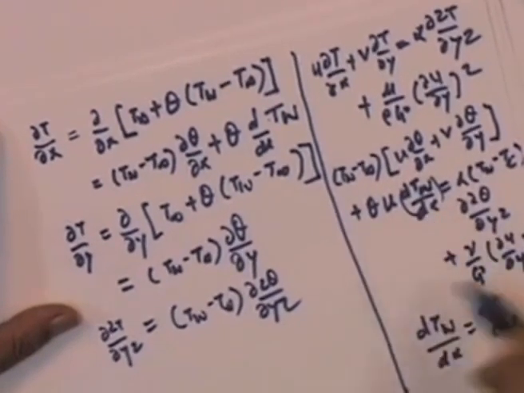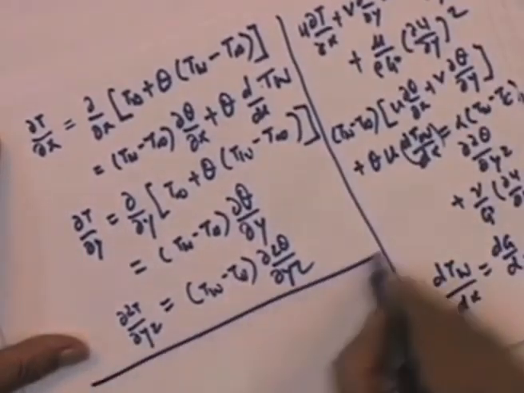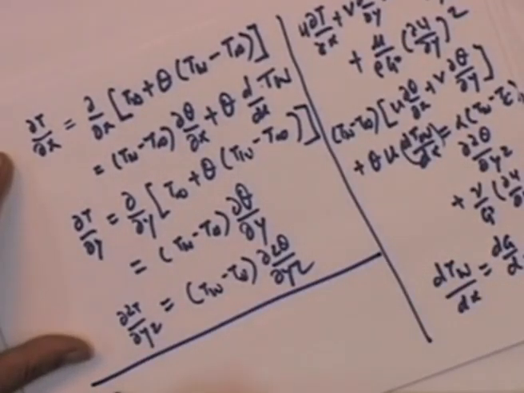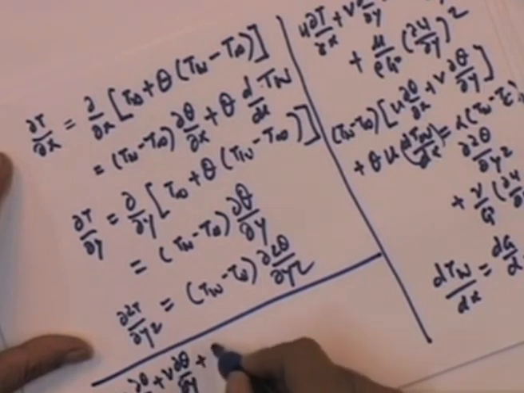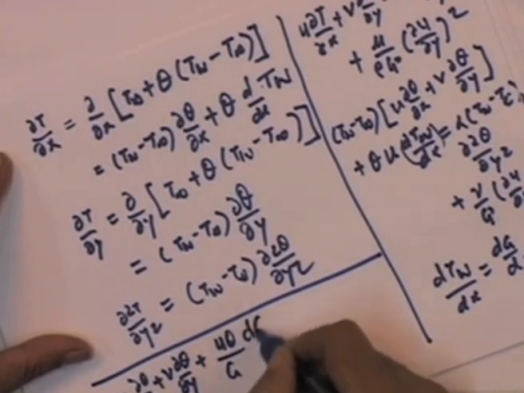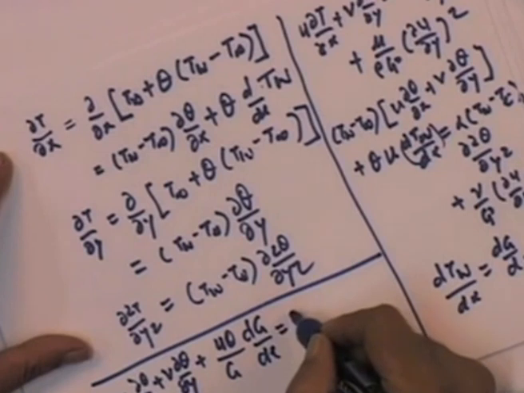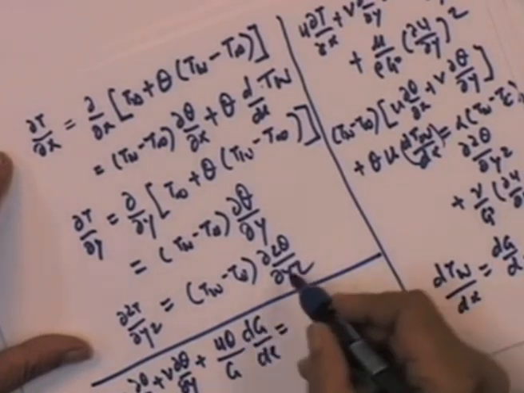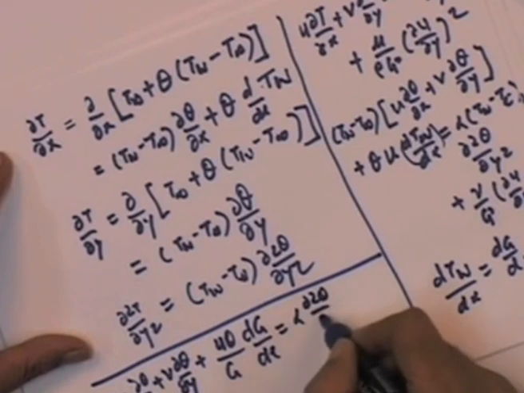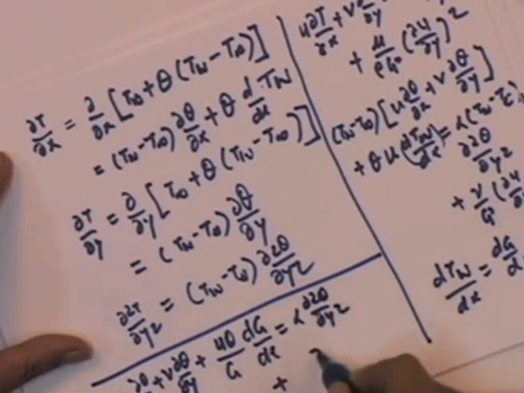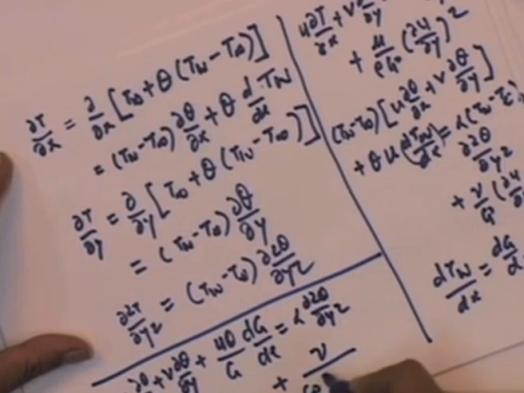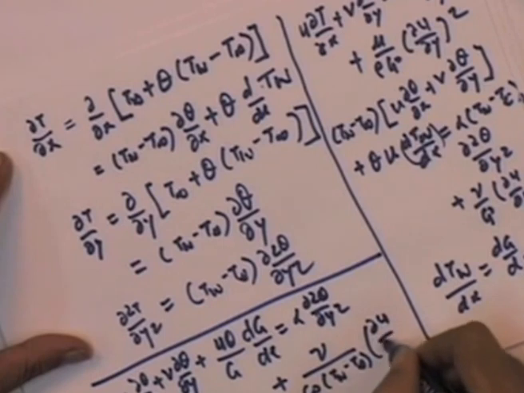So, if I divide through by g, I will get u d theta by dx plus v d theta by dy plus u theta by g dg by dx equal to alpha times d2 theta by dy square plus nu by Cp into T w minus T infinity, du by dy whole square.